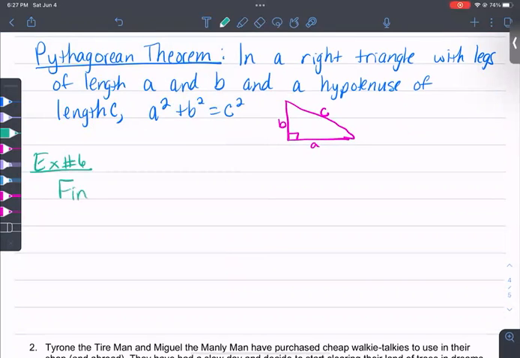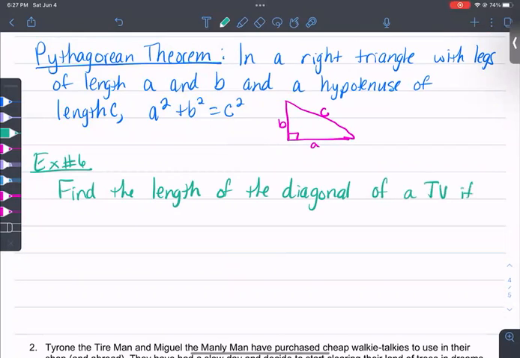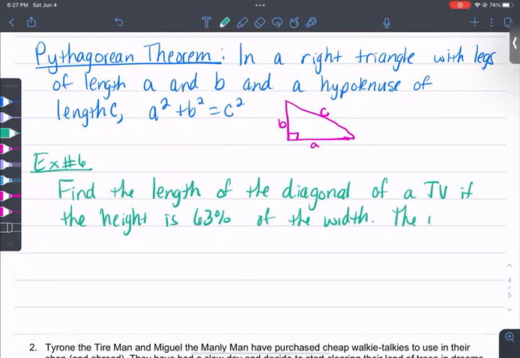So we want to find the length of the diagonal of a TV if the height is 63% of the width, sorry, I wrote that wrong. The width is 52 inches.